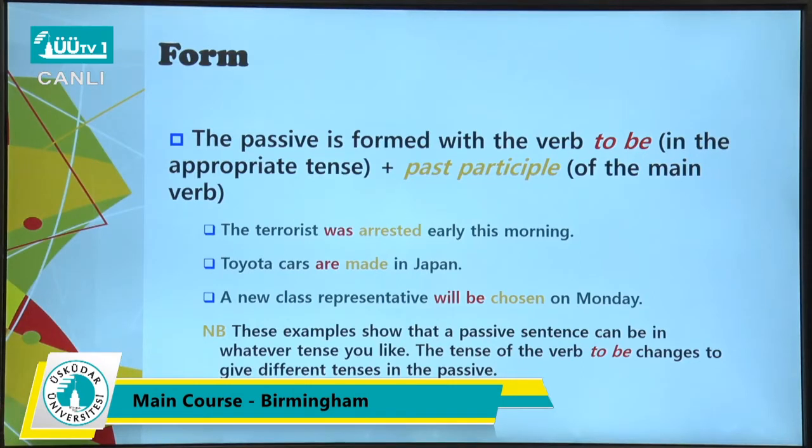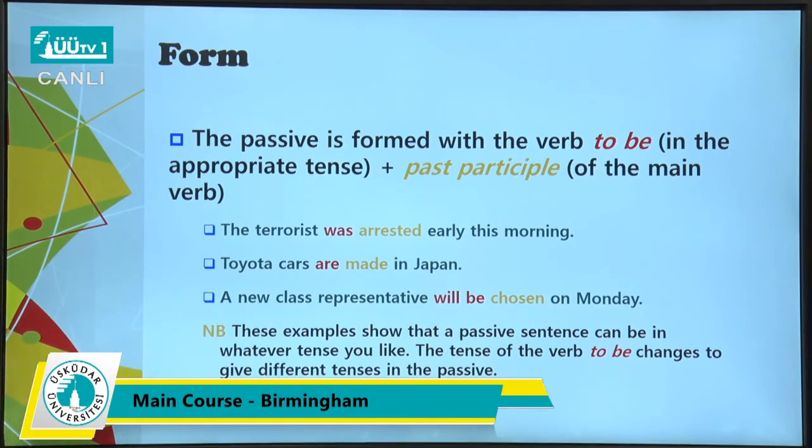The first one: The tourist was arrested early this morning. The tourist was arrested early this morning. Was is the verb to be in past. Arrested is the past participle. So, when you see was, it is the past tense.